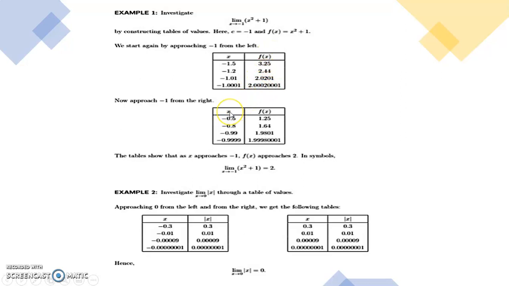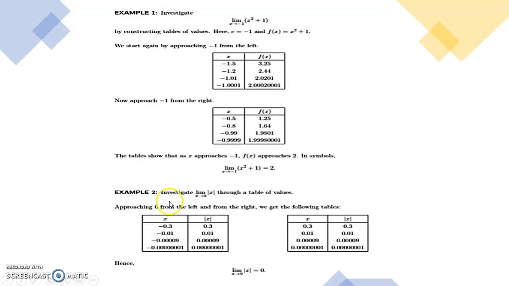As we approach negative 1 from the right, the value of f of x is also approaching 2. Since they approach the same value of f of x, both from the left and from the right of negative 1, we can say the limit of the quantity x squared plus 1 as x approaches negative 1 is 2.